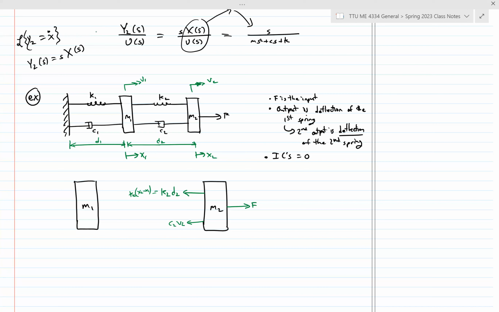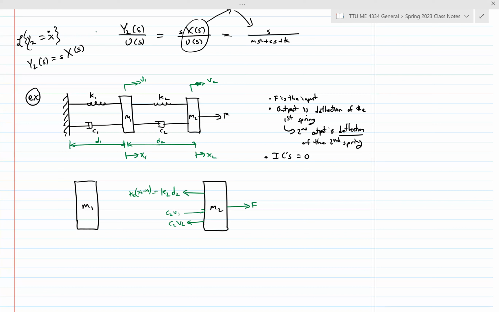So if that mass moves to the right, the damper is going to try and fight it with C2 V2, right? But what happens when the first mass moves to the right? That damper is going to try and push the second mass out. It wants to get back to its position where it's not moving at all. That's our net difference here, V2 minus V1. They're fighting each other.